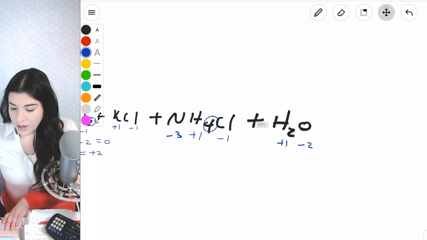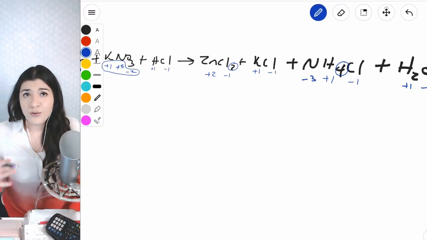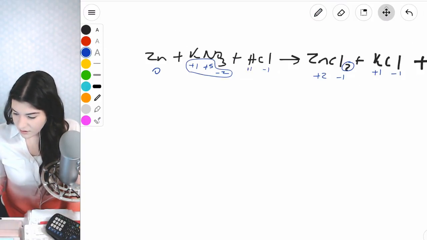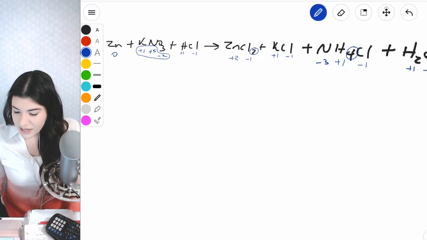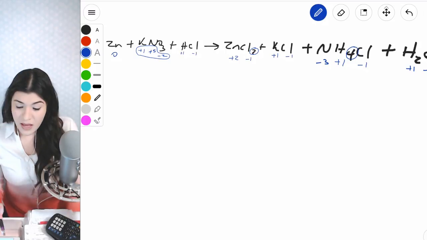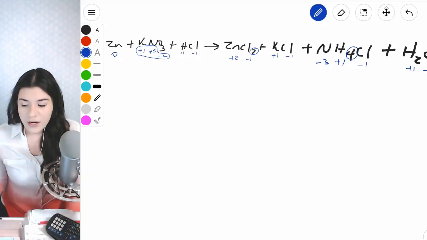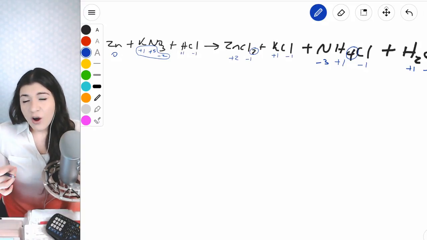What I'm going to do next is identify what's undergoing oxidation or reduction. Looking at this, I'll start off with zinc. Whenever we have a change in oxidation number where we're going from reactants to products and it's becoming more positive, that's going to be oxidation.